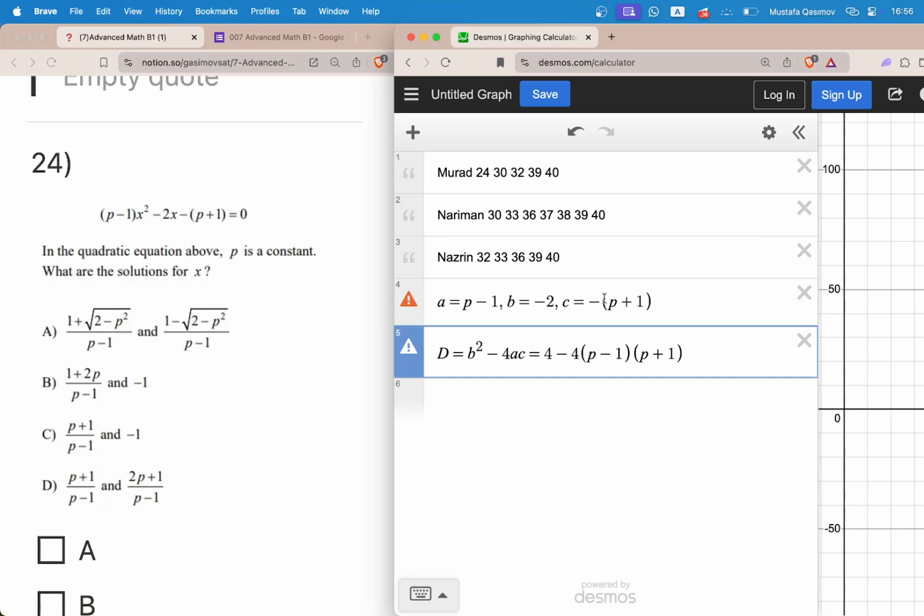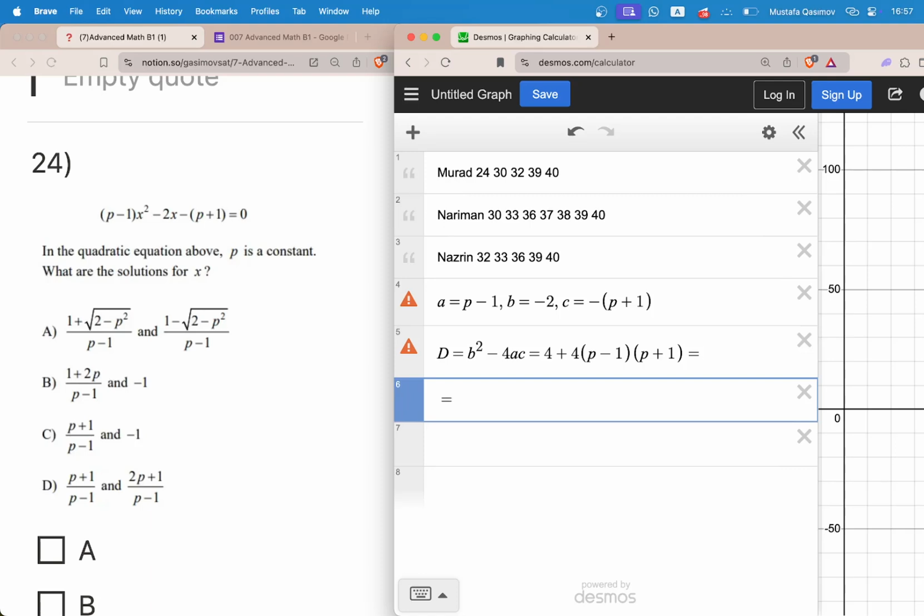We have a negative sign here, so let's multiply this negative with that one, so it will be plus. It is equal to 4 plus 4 multiplied by p square minus 1. Then it is equal to 4 plus 4p square minus 4, and it is equal to 4p square.